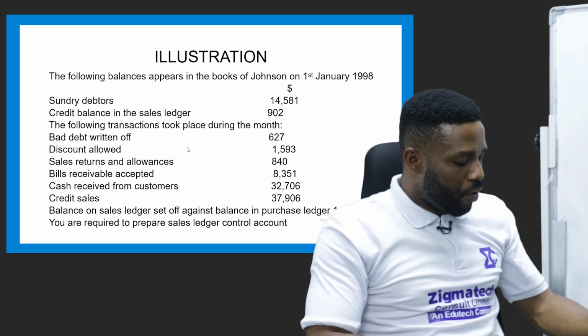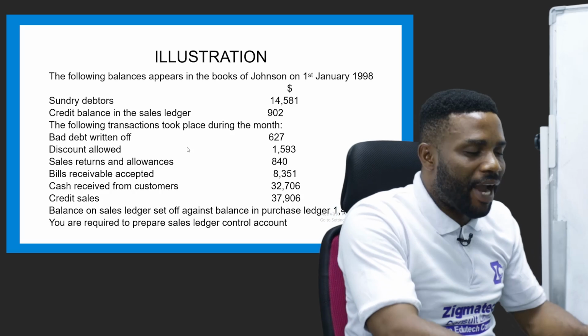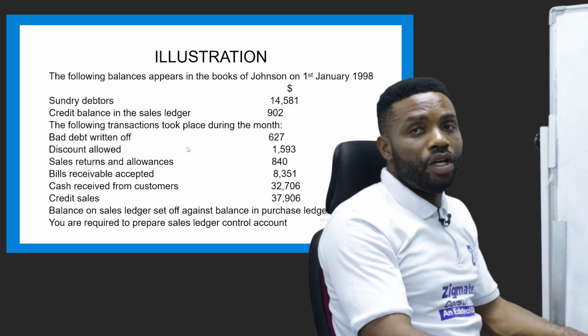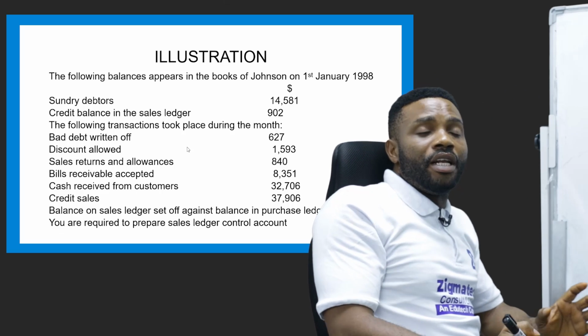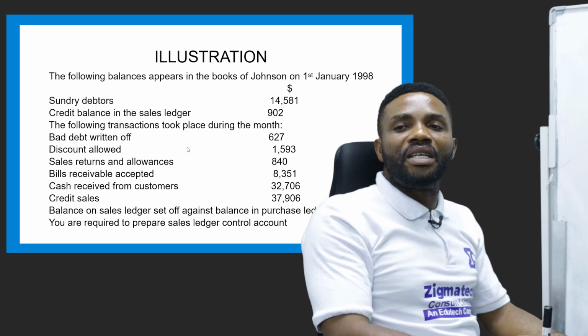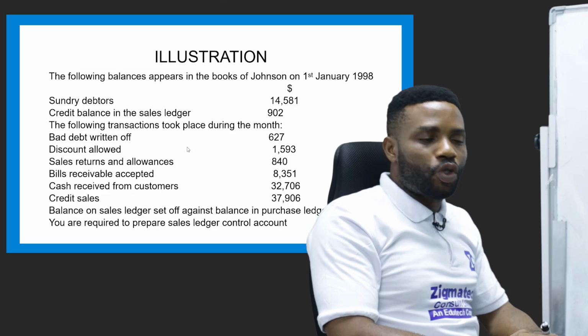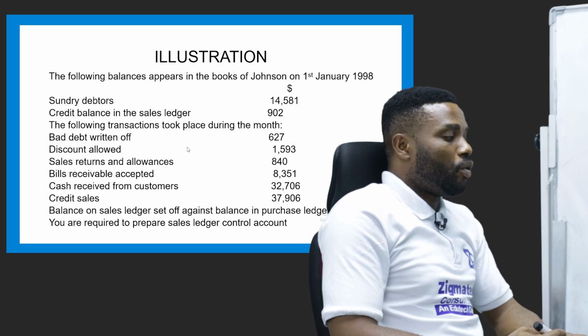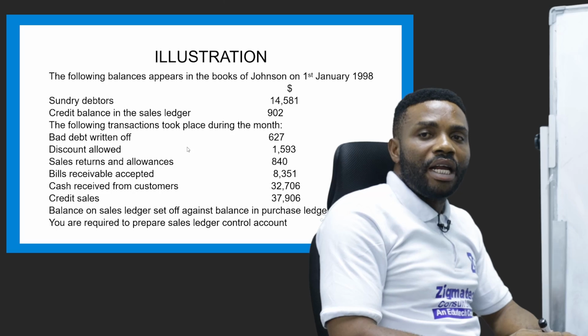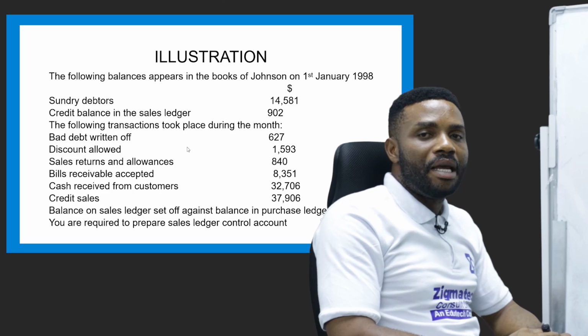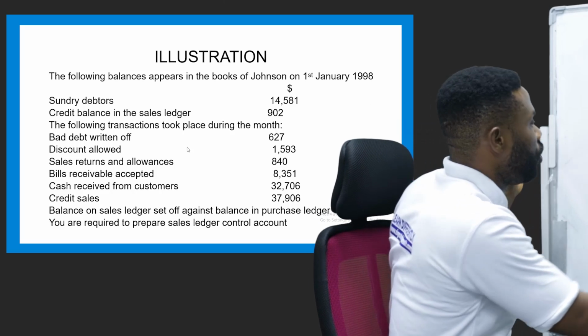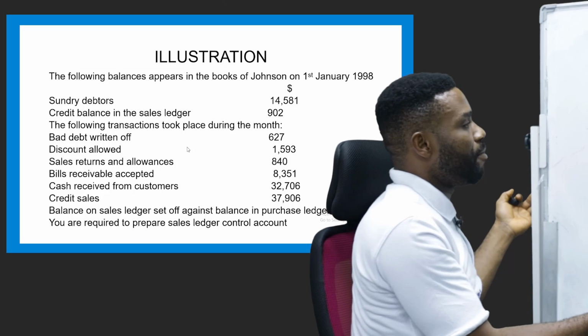At this point, we are going to make use of our white marker board. I'm going to just show us in a nutshell how to quickly represent this transaction on our sales ledger control account. We are going to be using the T method. Whenever you want to use the T method, it's a very simple process.